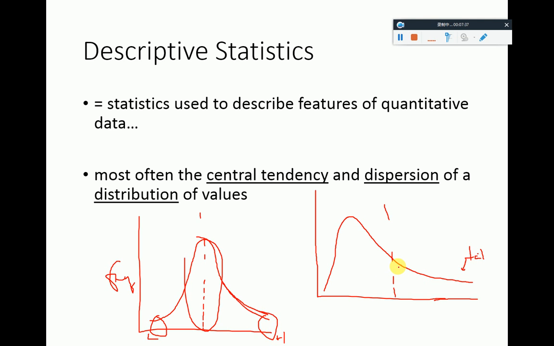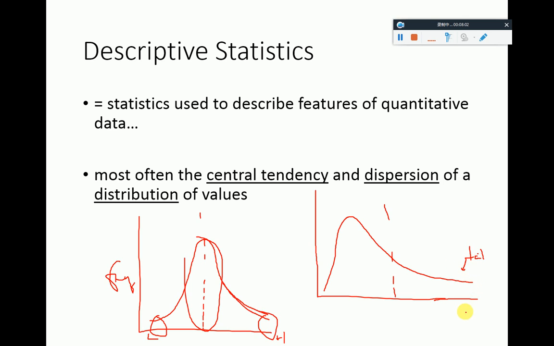The second feature is that unlike in a symmetrical distribution, or a bell-shaped curve, where most values are centered around the middle, here most values are clustered toward the left side, while the tail is on the right side.